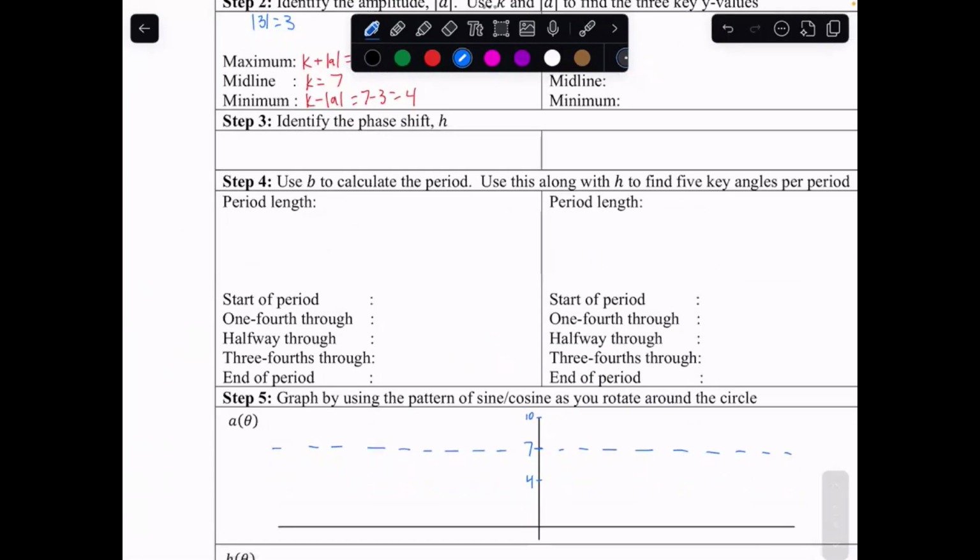Up to this step, everything has been basically a review of last class.